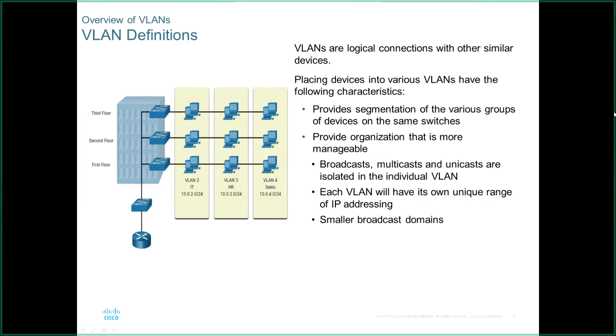So with the ability to create virtual networks within the switching fabric, we provide segregation between the different groups. This enables us to have people located throughout the business, not within the same physical location. So an HR person could be on the first floor and the second floor, or a different area of the campus or whatever it is.